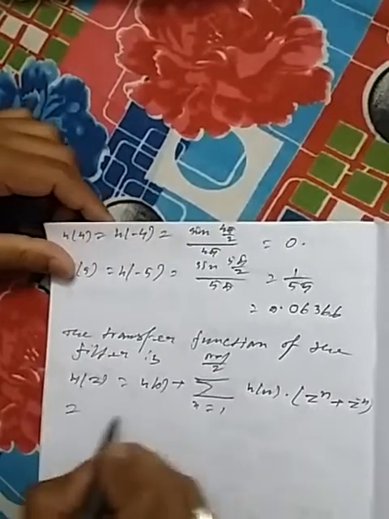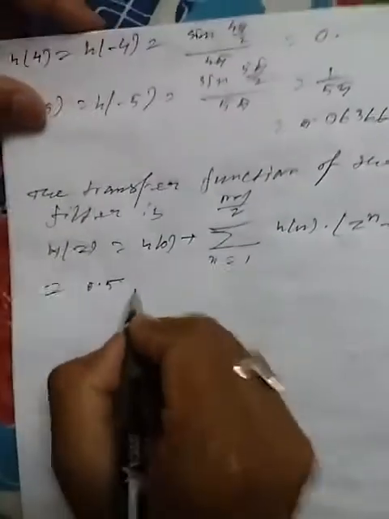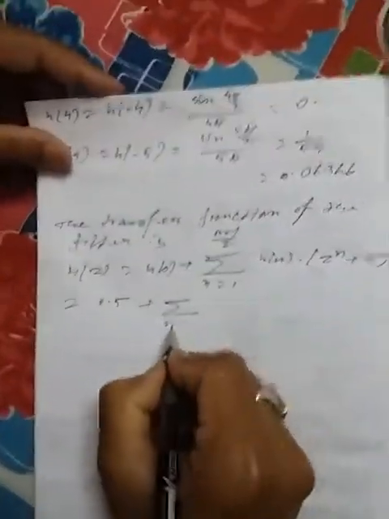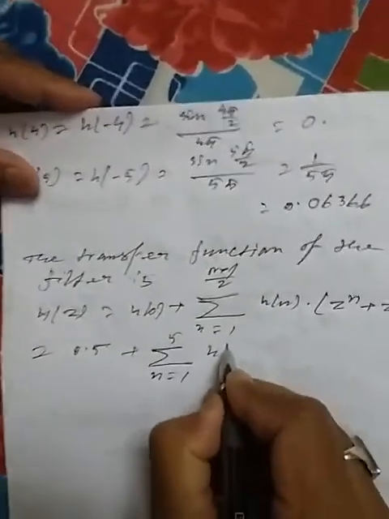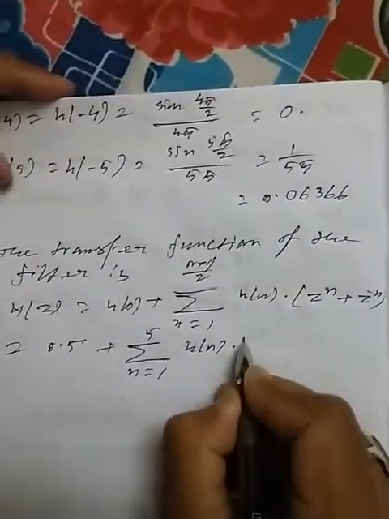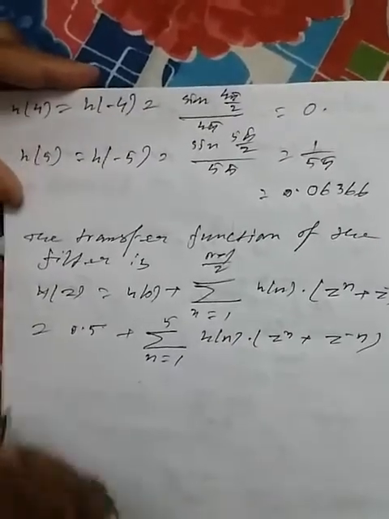Now what is the value of h0? That is 0.5. The value of h0 is here half, that is 0.5. Now here the limit is n equal to 1 to 5, hn into z to the power n plus z to the power minus n.